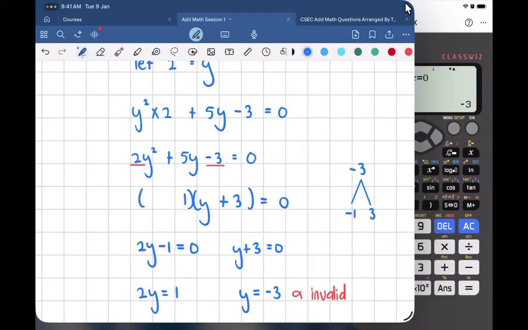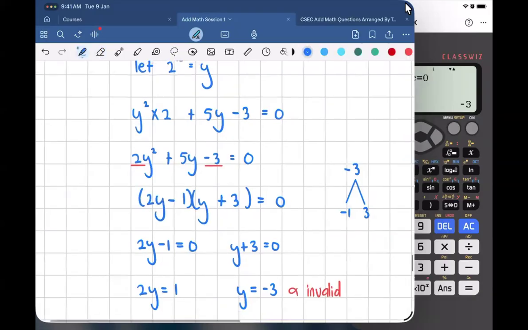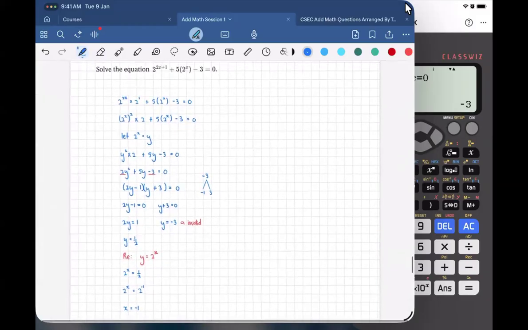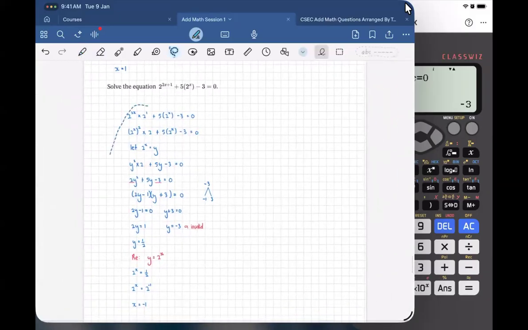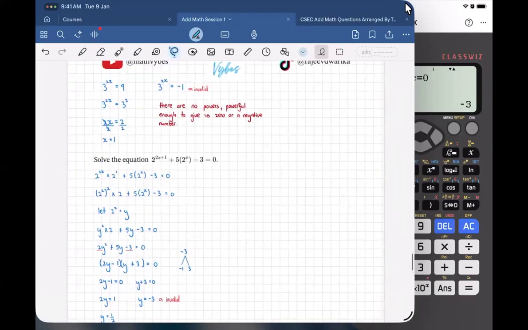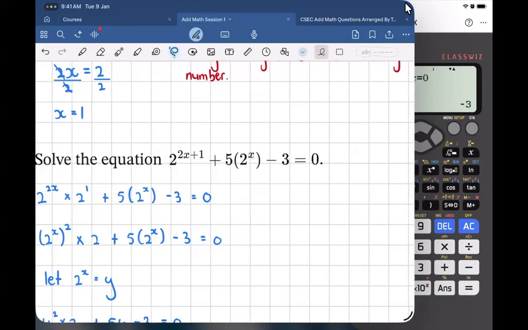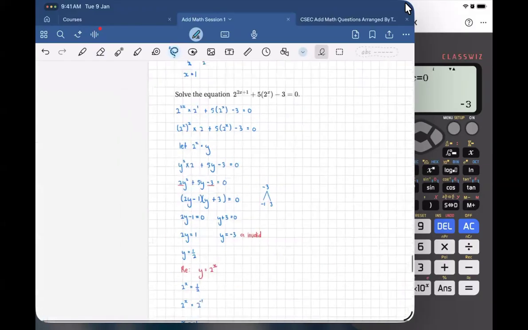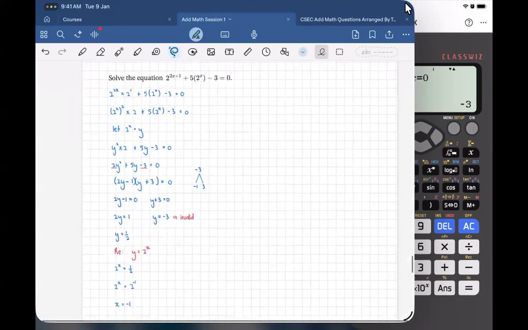Yes, that's correct. So let's see if that will work out. When we do that, what are we supposed to get? If you look at the original equation, it's equal to 0. So we're supposed to get 0.